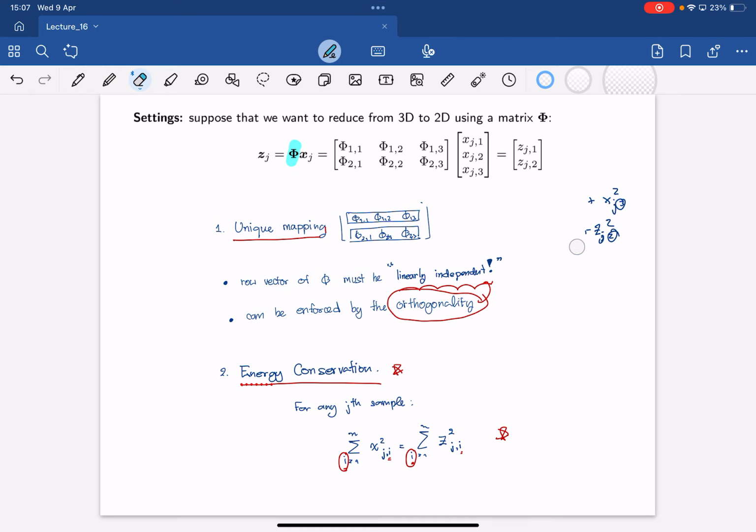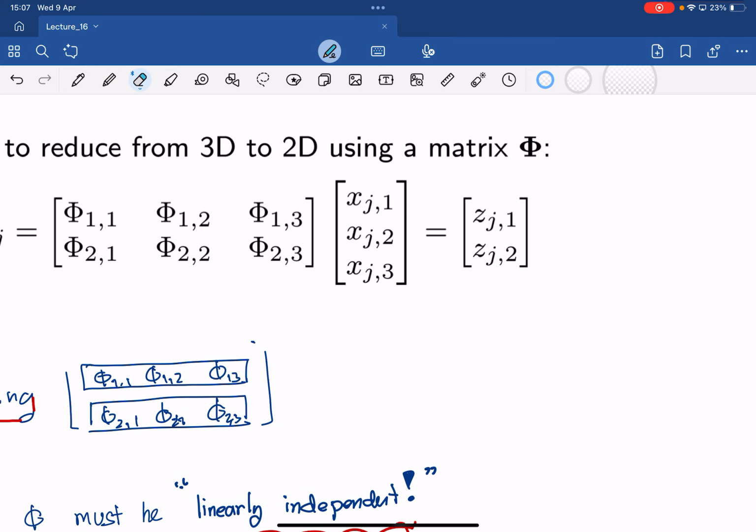Let's say you have this xj as your data in 3 dimensions, and you want to project it down to 2 dimensions. That means you want to create new coordinates in 2 dimensions for your data.